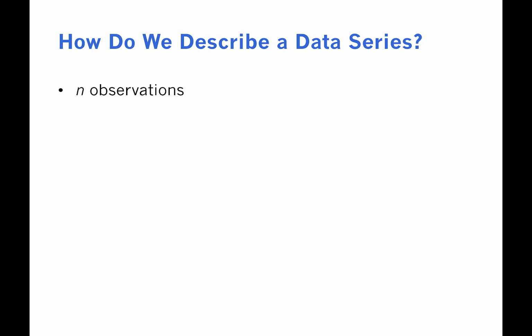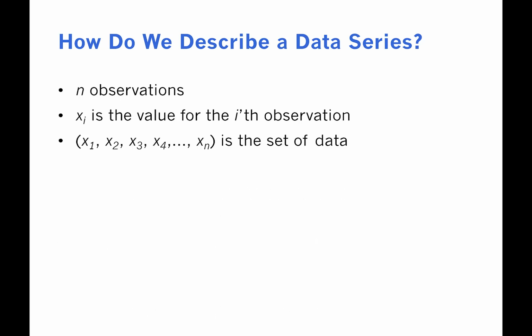Now, how do we describe a data series? We have n observations. Then we have xi, which is the value for the ith observation. And therefore, we have x1, x2, x3, all the way to xn, which is our data set. So this is how we describe a data set.